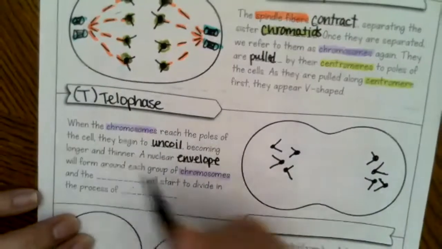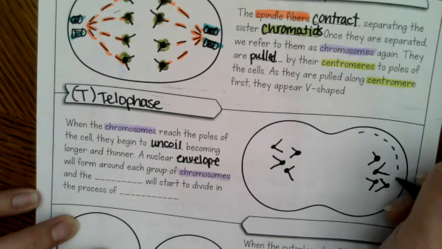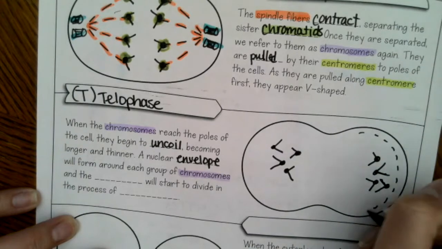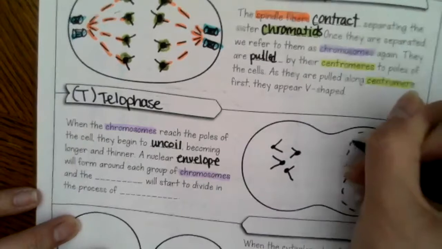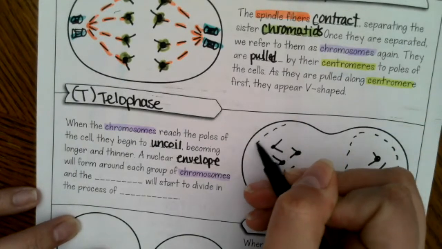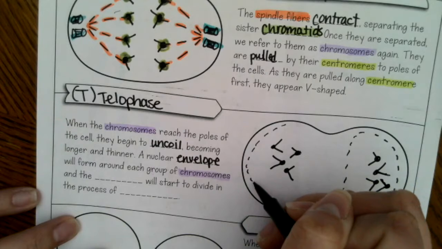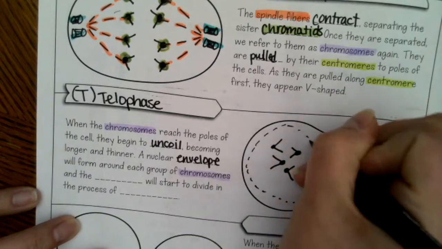And again, a nuclear envelope is going to begin to form, and just like we were showing our nuclear envelope breaking down, we're going to use that same process to show it growing around them. It's either growing or forming, but because we know that this is telophase, we know that it's actually growing around them.